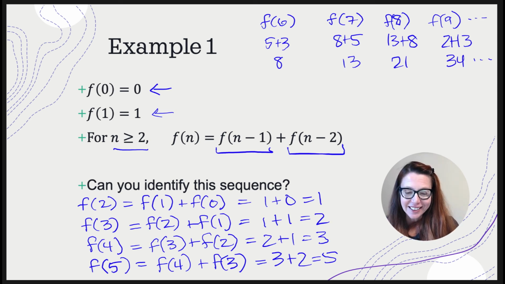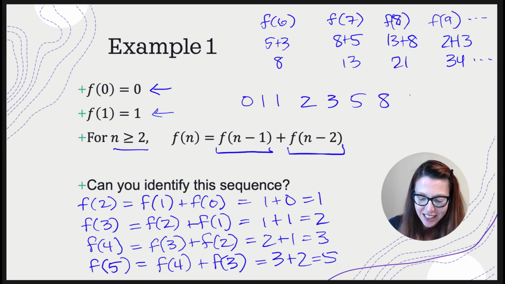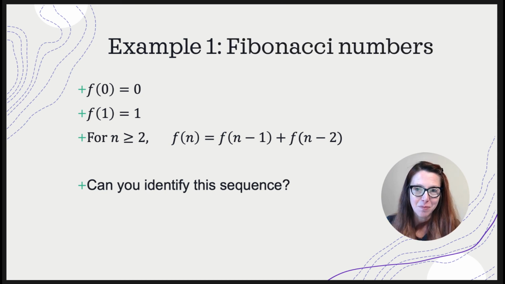And hopefully, this has started to look familiar. If we put them in a line, we see that 0, 1, 1, 2, 3, 5, 8, 13, 21, and 34. And this, of course, is the Fibonacci numbers.